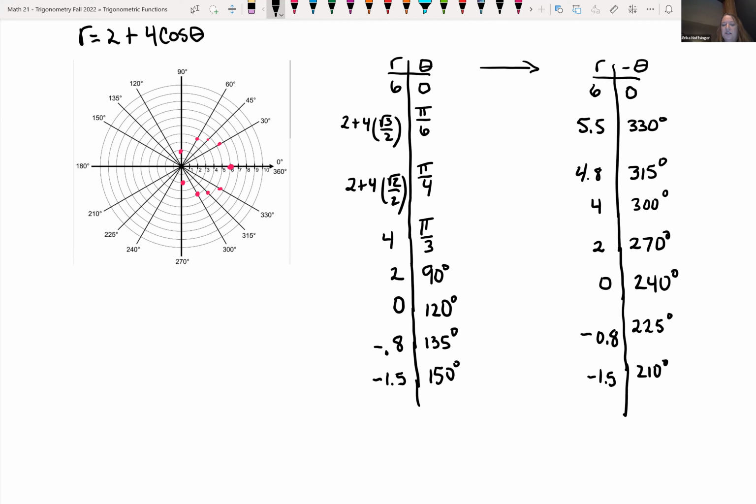So let's plot those extra points that we just got. And so we have a point at 135 degrees. So rotate 135 degrees. I have negative 0.8. So remember that goes across the pole in the opposite direction because our r value is negative. So we have negative 0.8 here. And then at 225 degrees, we also have negative 0.8.